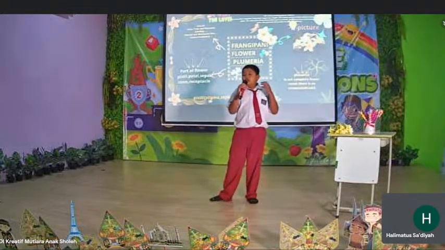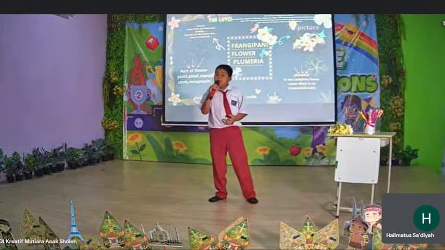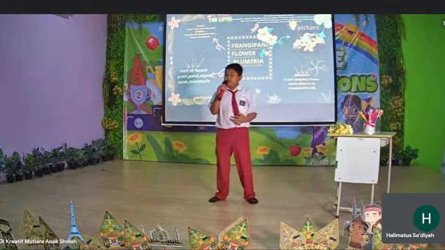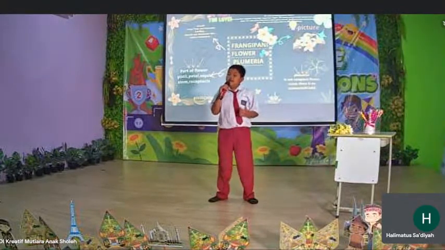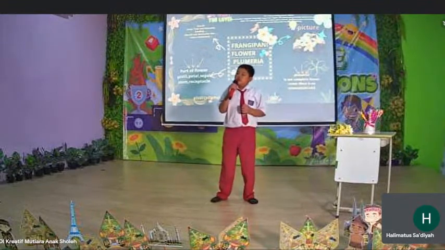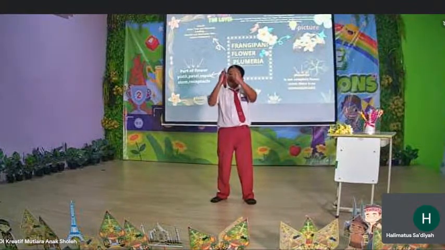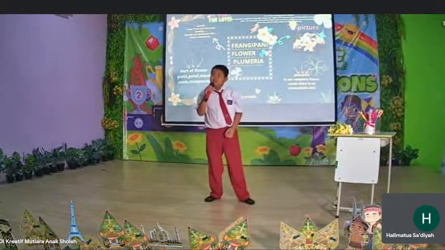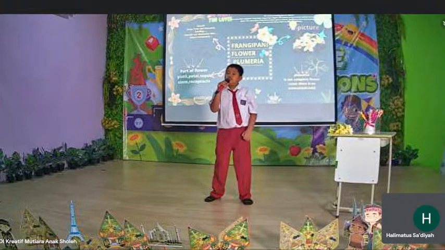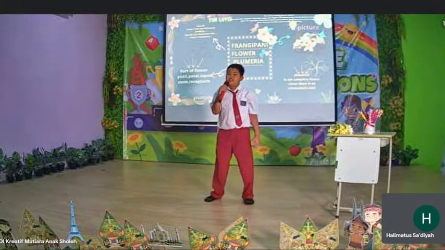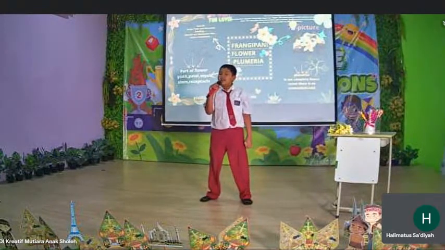When the frangipani flower is not fully grown, the sepal protects the flower from bugs like caterpillars and others. And the function of the pistil. Do you know the function of the pistil? The function of the pistil is as a reproductive organ and to support the style.